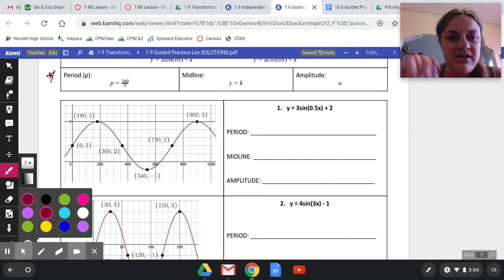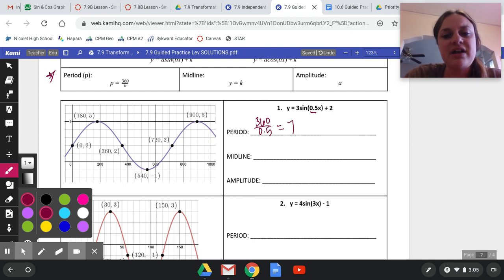My b value in this case is what I'm multiplying inside the parentheses. It's 0.5. So if I take 360 divided by 0.5, that gives me 720 degrees.